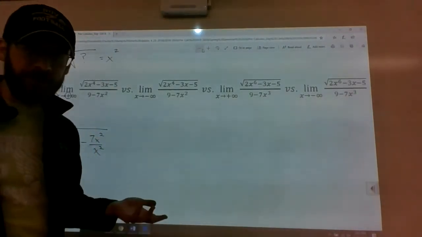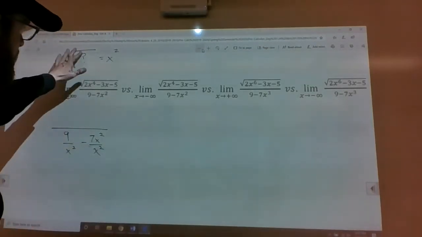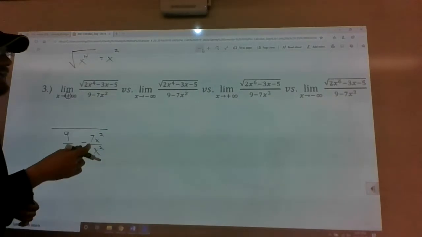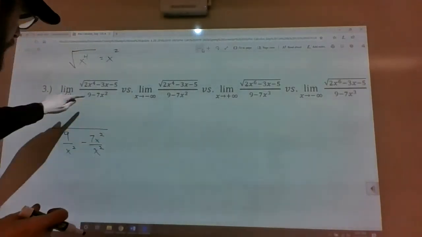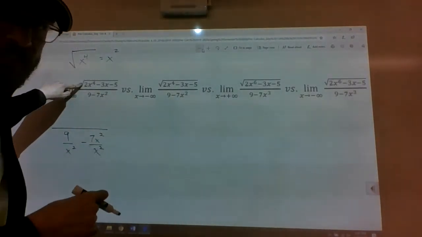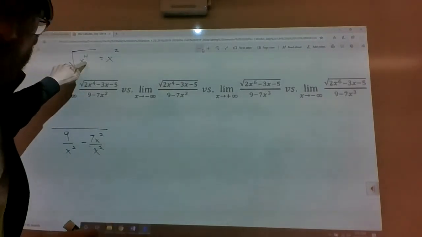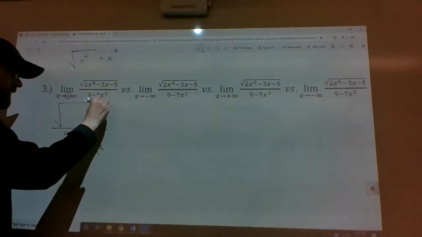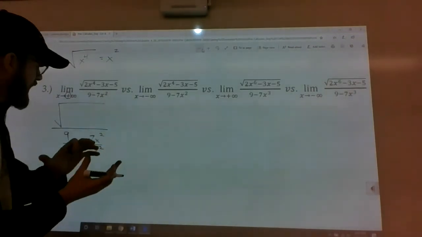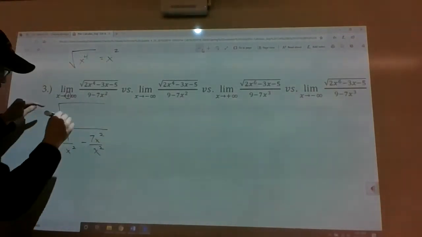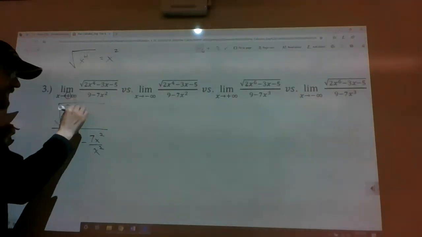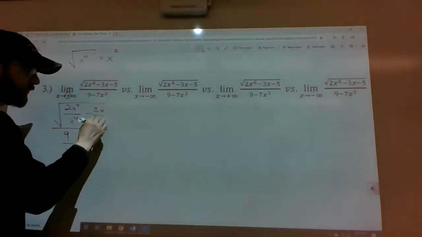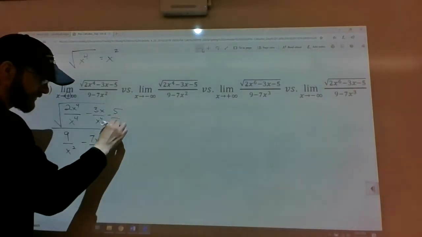And hopefully you guys figured out that that should be x to the fourth power. Okay, so we're taking this square root, not divided by root x squared, but root x to the fourth power, which basically is going to create a larger square root of division. So 2x to the 4 divided by x to the fourth power minus 3x over x to the 4 minus 5 over x to the fourth power.